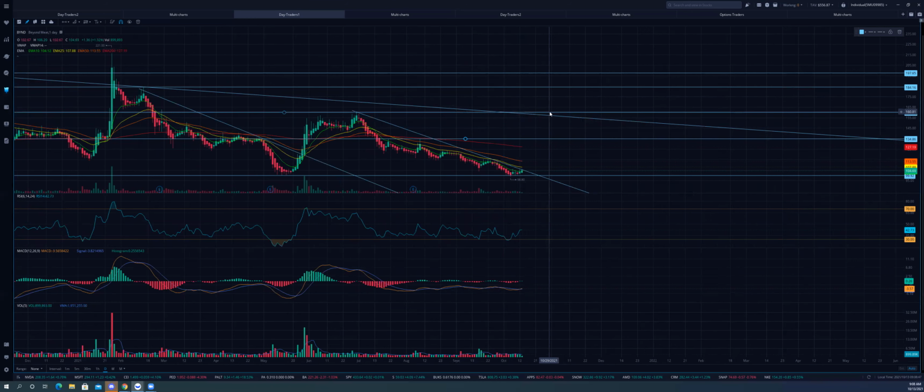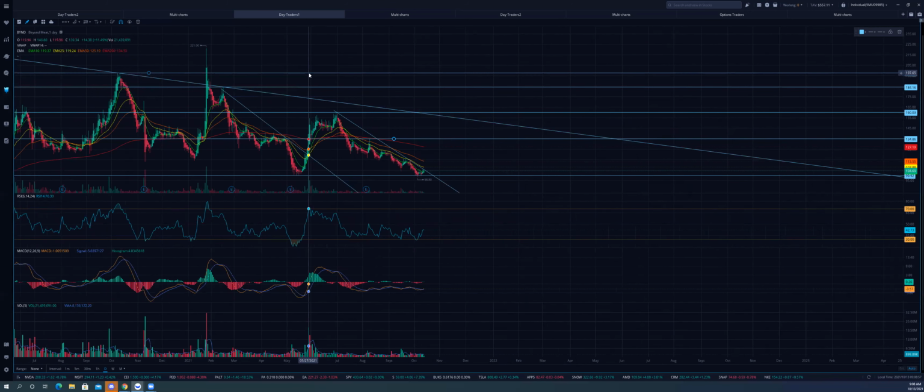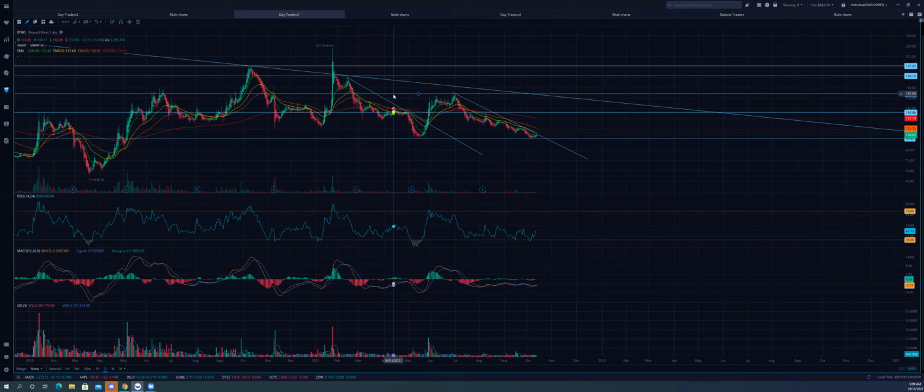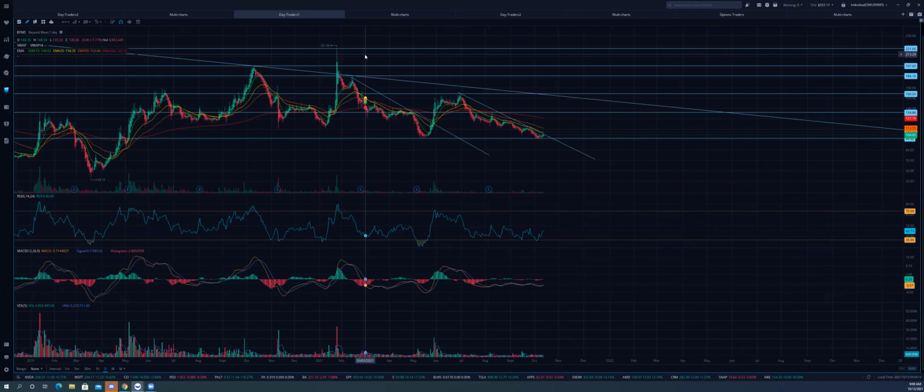And then after 160, your next resistance is over here to the left, which is at this line at 184. And then you have resistance up here at 197. That would be your third price target or fourth. And then the all-time high of 221. Go ahead and draw that line right there, it's your ultimate resistance.